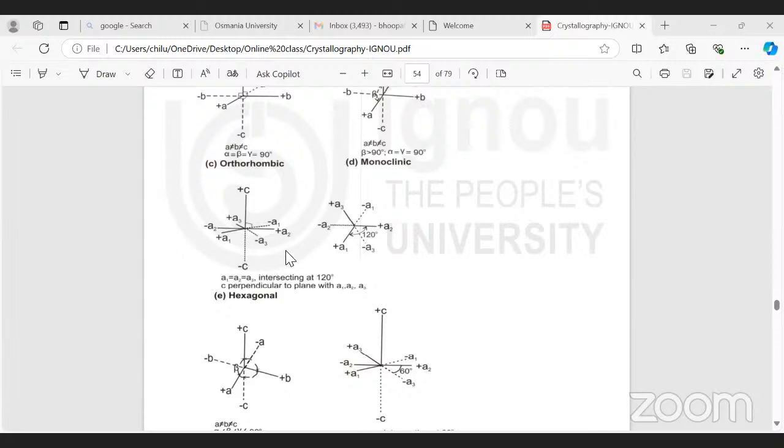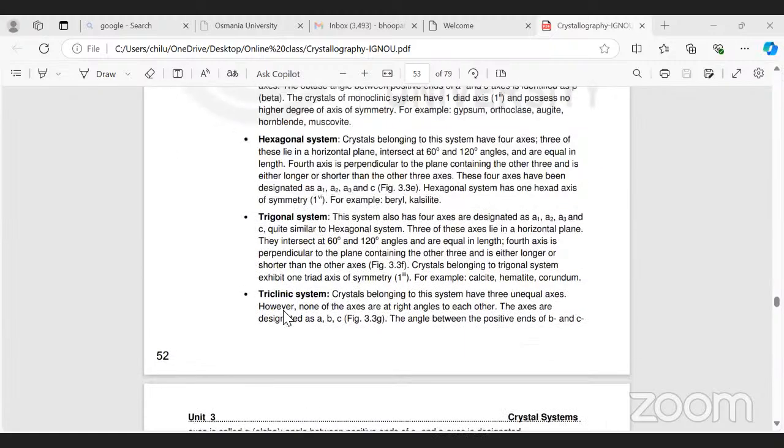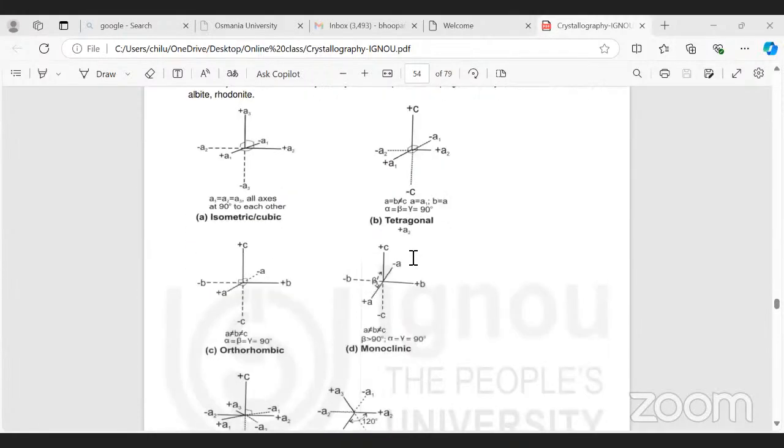So simply, A1 equals A2 equals A3, not equal to C, and the angles between A1, A2, A3 are 120 degrees, but C is not. So this is about hexagonal. What is the example for this one? Beryl type of minerals. Beryl is the best example for this one.